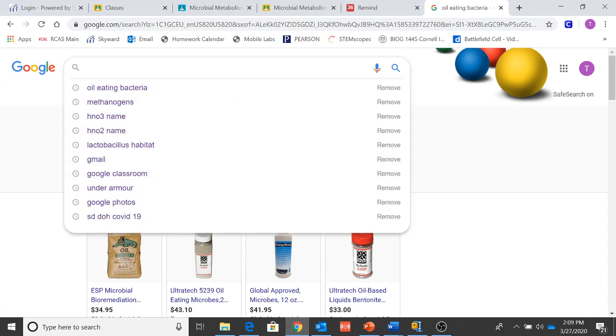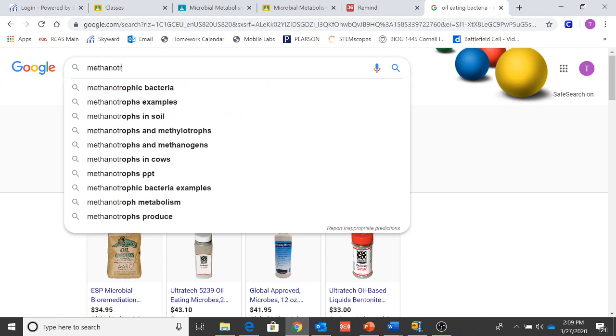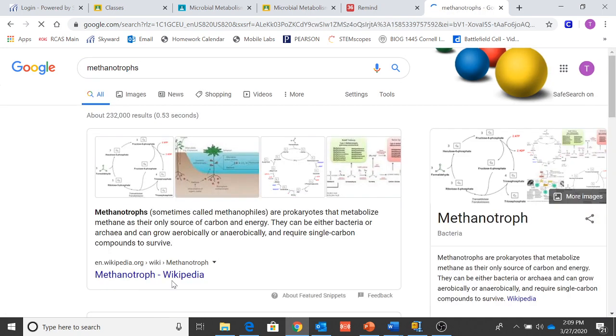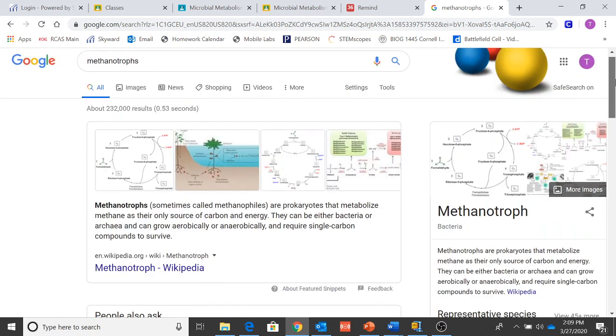You could look at another one like methanotrophs. These are the things that eat methane and take it out of the atmosphere. So you have methanogens putting it into the atmosphere, methanotrophs taking it out.